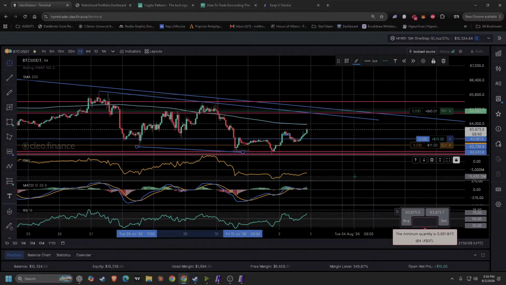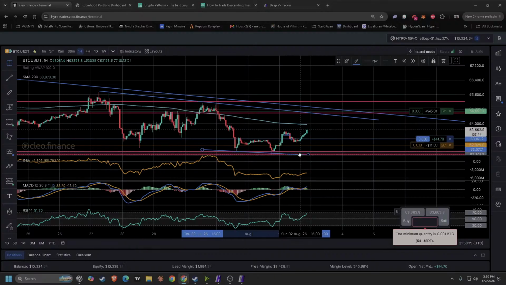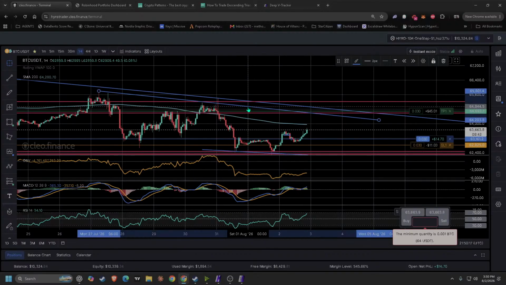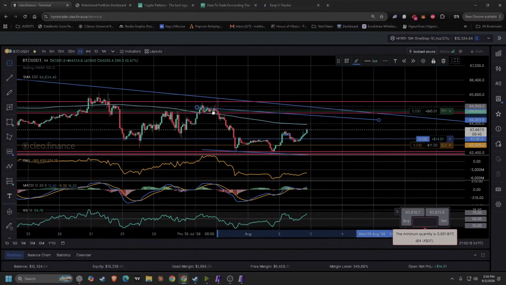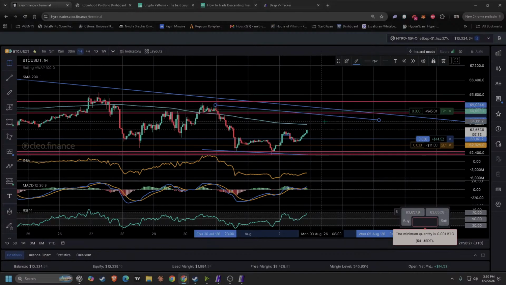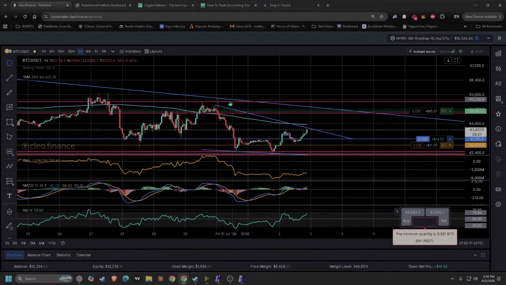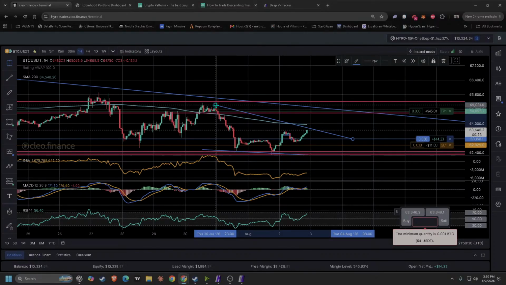Right, we could do it again right here. 2 points. Reset this one. Use this wick right here if you want. Those big wicks, it's like manipulation, so I'm not counting that necessarily.